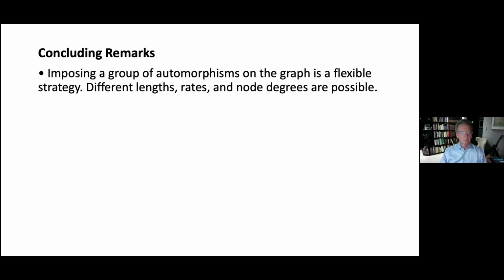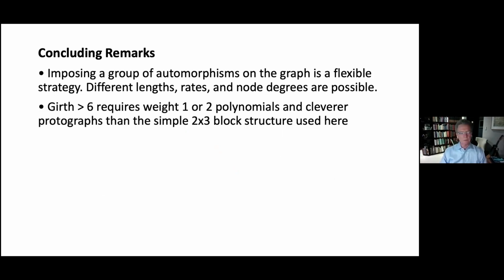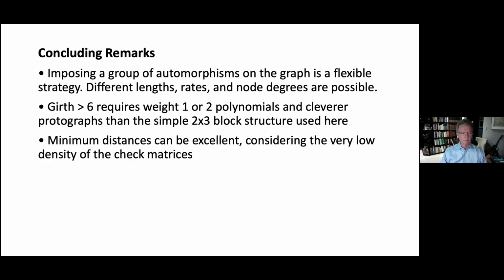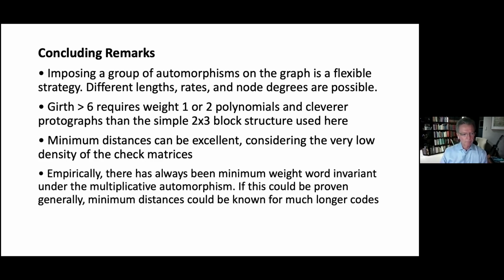So I'll just conclude. My technique is to impose this group of automorphisms that clearly can give you a lot of flexibility in construction. If you want to get girth greater than 6, you can only use weight 1 or weight 2 polynomials. I have used that on some other codes to get girth 8, for example, just to know how it works. The minimum distances can be excellent, I'd say. And I've got an intriguing observation.